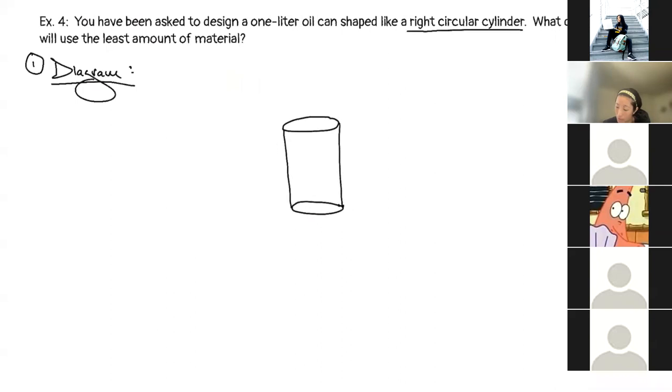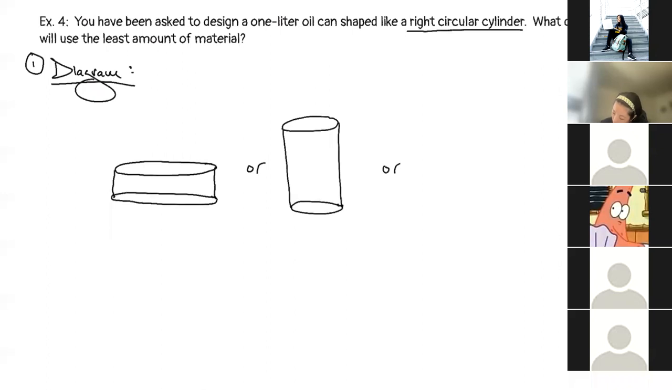So for example, maybe the can looks like this, or maybe the can looks like this, or maybe the can looks like this. If all of these hold 1 liter, which one do you think will use the least amount of material?